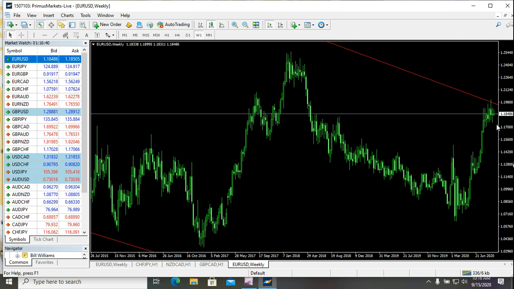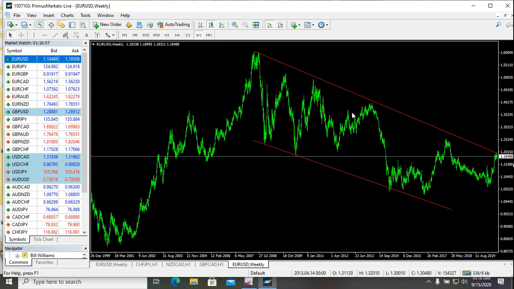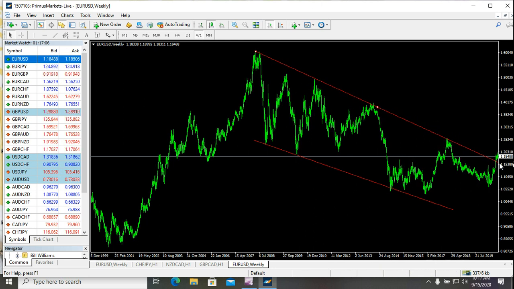Are we seeing a similar thing here? I can possibly say yes. We are seeing a similar thing happening here for Euro USD to come back down again. Now there may be other people who will say that, look, apart from drawing this on the monthly time frame, there could be a possibility. There will be other people that may say that, okay, this might not be the trend line, but this will be the trend line.